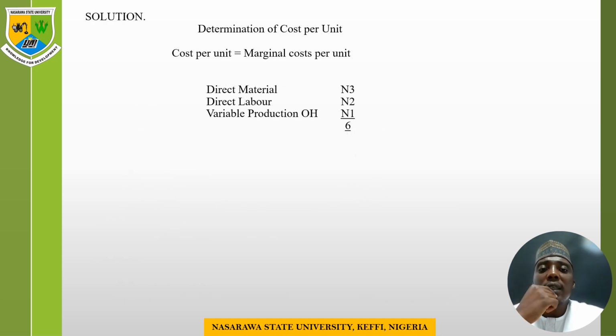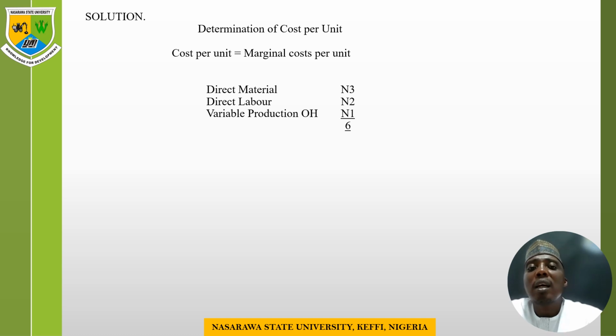Now, the solution: the cost per unit equals the marginal cost per unit. And the marginal cost per unit, as we are given, the direct materials price is 3 naira, direct labor is 2 naira, while variable overhead cost is 1 naira.